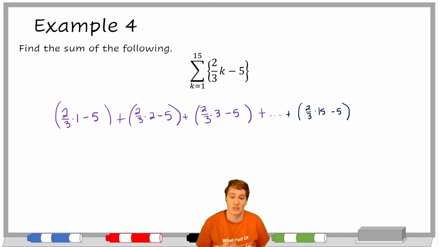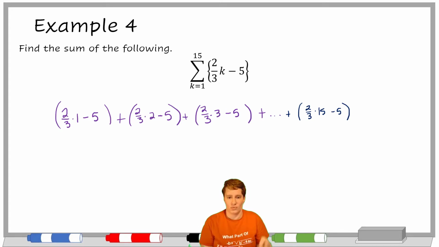So there's a couple ways we can shorten this. One way is to realize that this is an arithmetic sequence and to use one of those two formulas that I had on the screen earlier. Because of the way I wrote this, I can know the first and last term relatively easily: it would be the 2/3 times 1 minus 5 and the 2/3 times 15 minus 5.